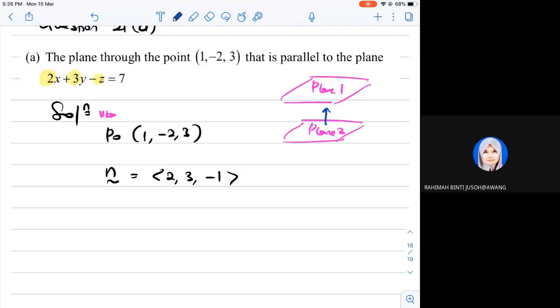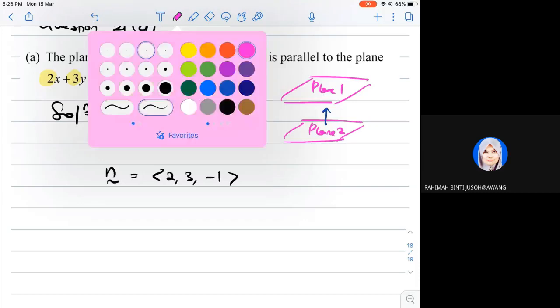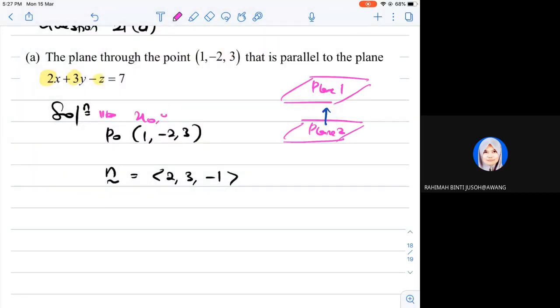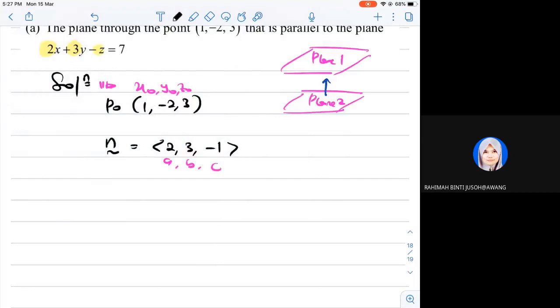Okay. So we can just take it directly from here. Of course, we know that this is our x0, y0, and z0, and then this is our a, b, and c. So tak apalah. Substitute into the equation here. Does ax plus by plus cz. So 2x plus 3y plus cz. So minus z sebab c negative 1.